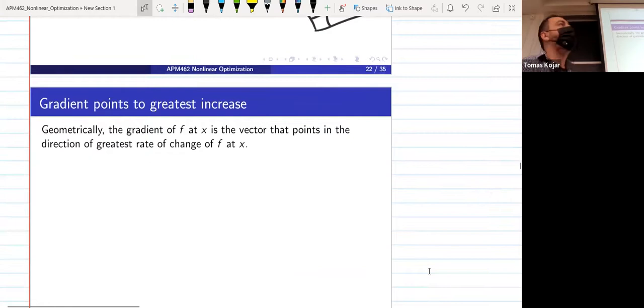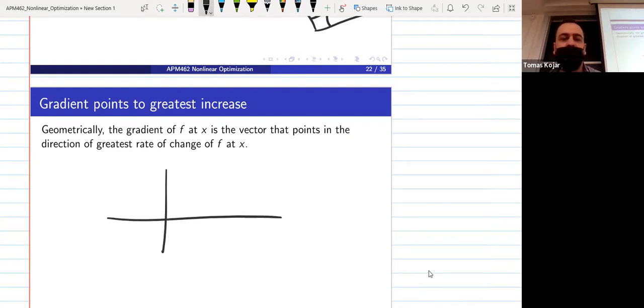Good. Now let's talk about why people care about the gradient. So if you give me a surface of f, and you compute the gradient like we just did, 1, 2 at the origin, it tells you how the function grows the most.